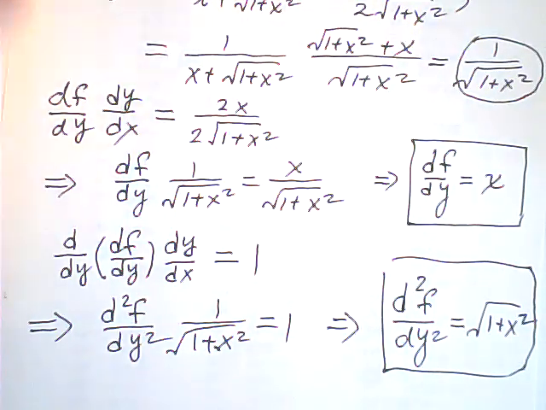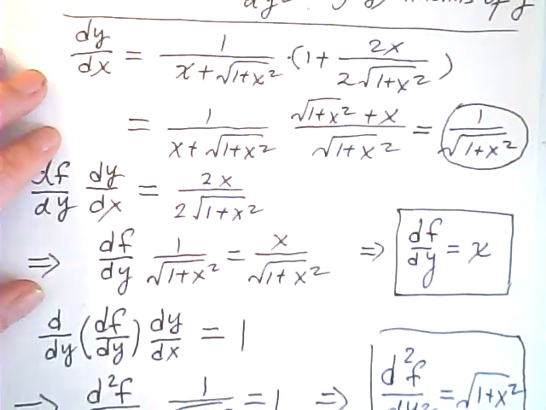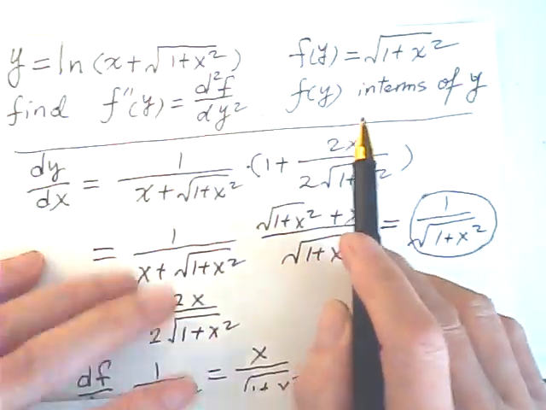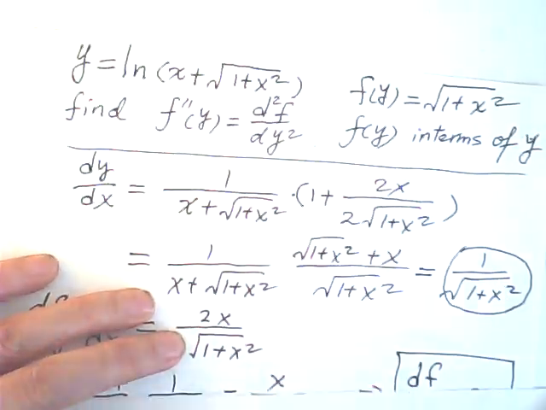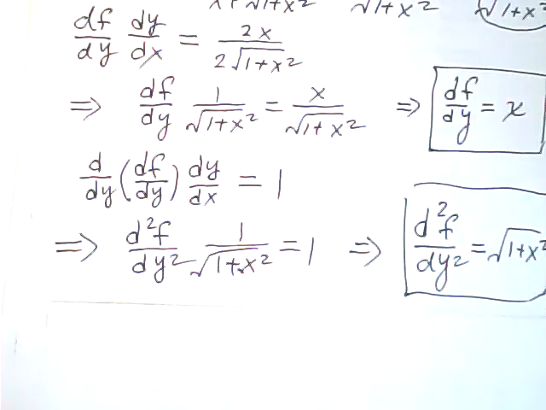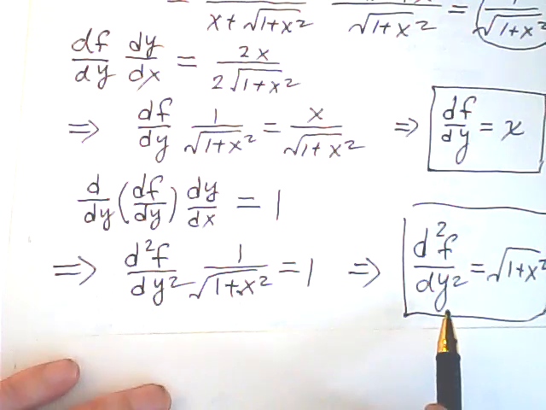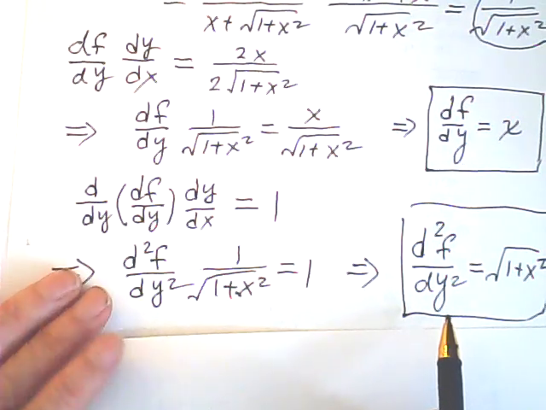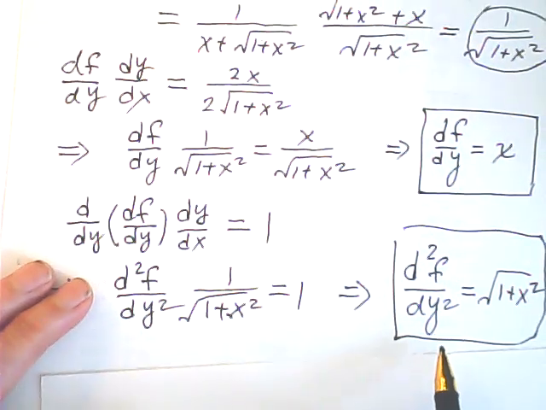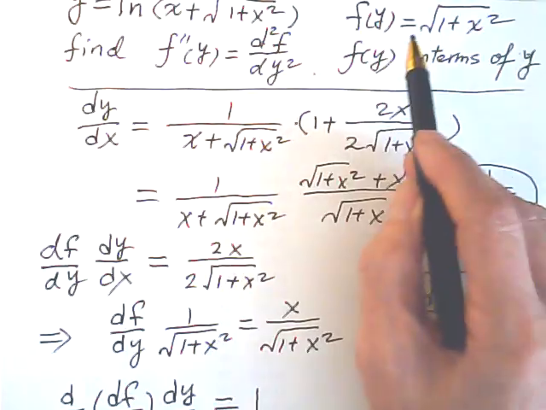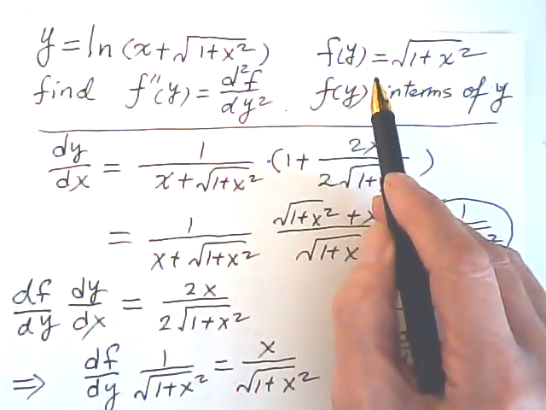Now the second question is only for those who learn differential equations. Let me do the second part. We're looking for f of y in terms of y. Now we know that this is the second derivative of f with respect to y. We also know that this is f of y.